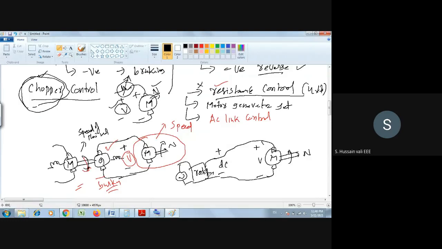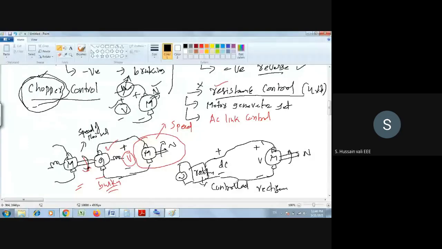Assume that it is a controlled rectifier, meaning you have control switches, not diodes. You have thyristors, or IGBTs, or sometimes BJTs. So by controlling its base terminal or its firing angle, the output of your rectifier can be changed.